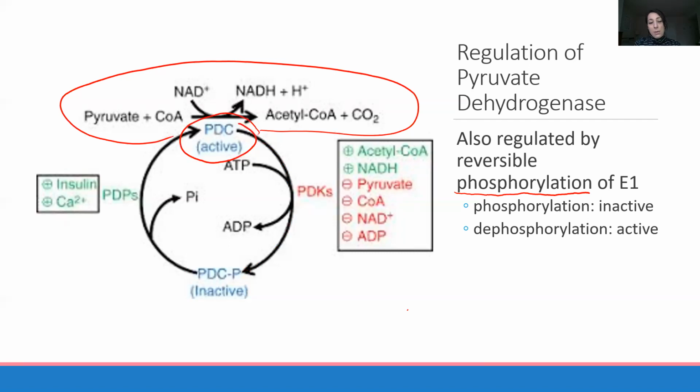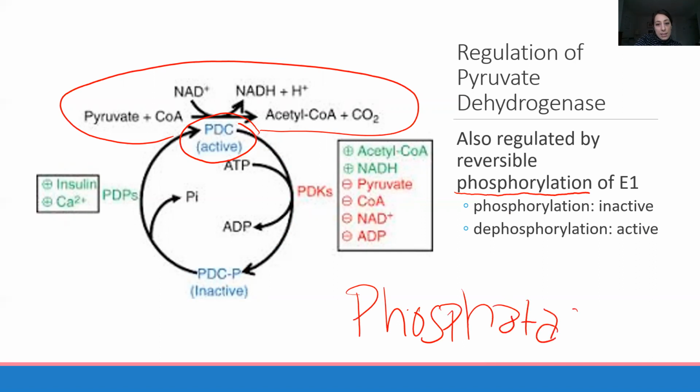These kinases are going to use ATP to do their phosphorylation work. Now, let's say we wanted to go the other way. Let's say we need to turn back on pyruvate dehydrogenase complex, but it's phosphorylated. Well, we have to use another enzyme. As you can see here, this is going to use a phosphatase. We've also seen these in glycolysis. Again, phosphatases, this word is used in many different enzymes, and all it means is that it takes off a phosphate.